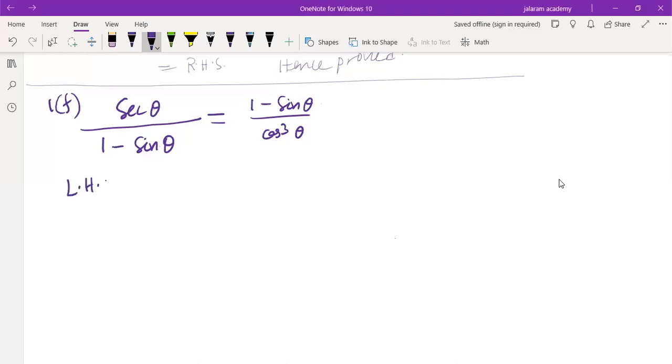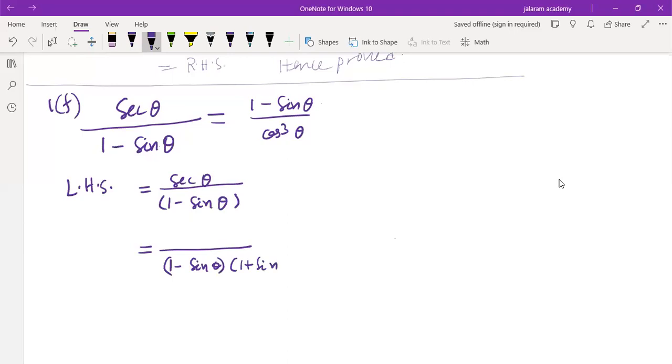So we start with the left hand side, sec theta upon 1 minus sin theta. The procedure is the same. Whenever there is 1 minus sin theta in the denominator, we change the minus between these two terms to plus. That is, multiply by the conjugate of 1 minus sin theta, which is 1 plus sin theta.